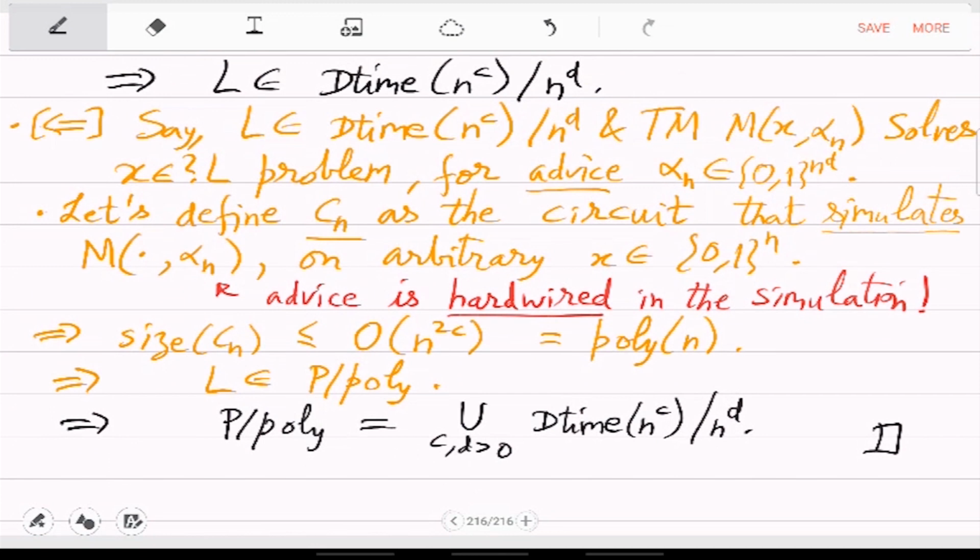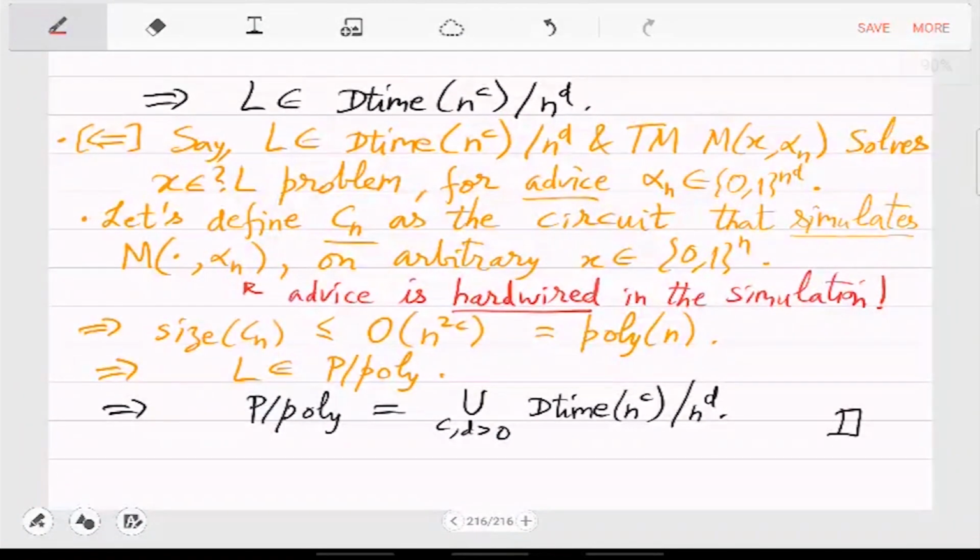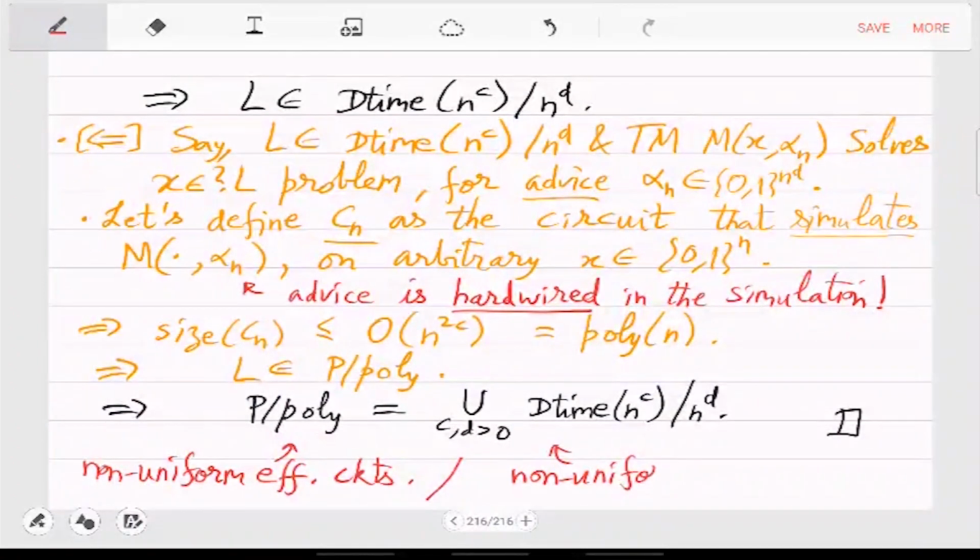So, we have non-uniform circuits and we have non-uniform Turing machines. These are the same, these are equivalent concepts. Non-uniform efficient circuits, and this side is non-uniform efficient Turing machines.